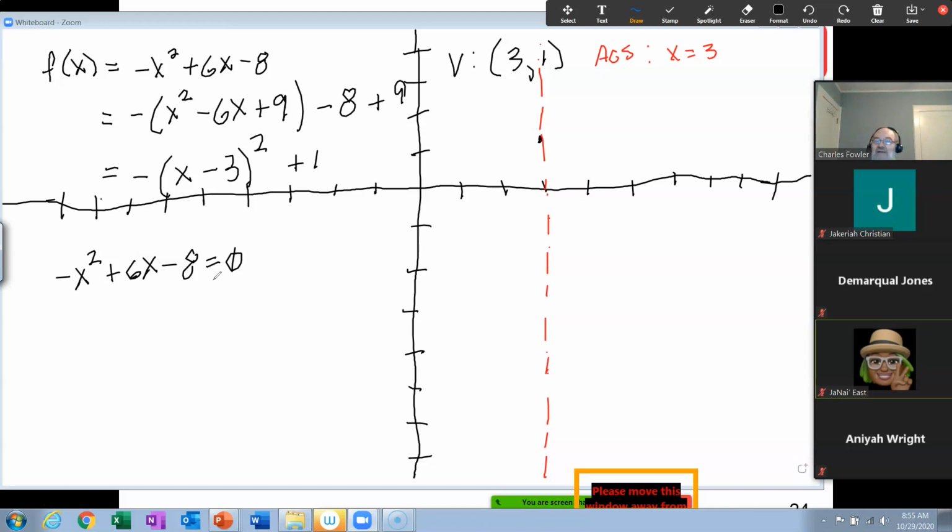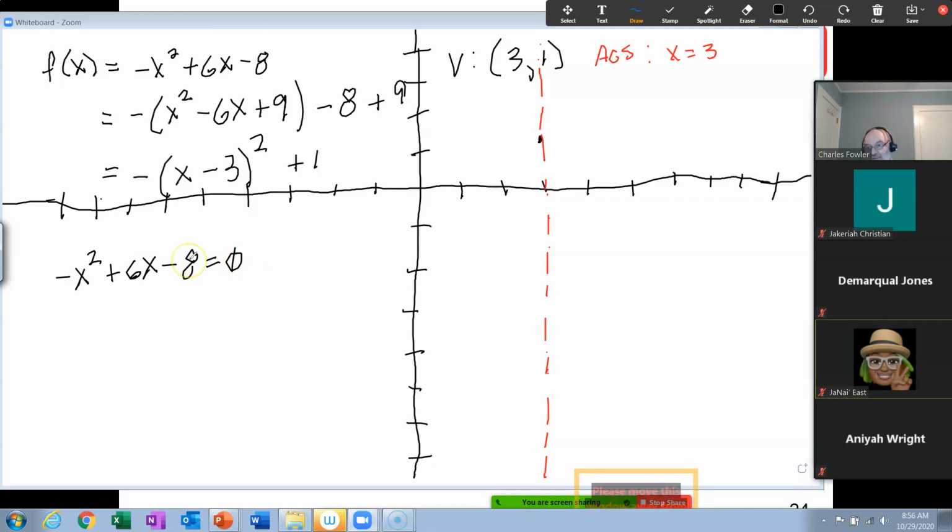Now, here's something I don't like, and I usually try to adjust. Because this is equal to 0, you can do the same thing to both sides of the equation. What I don't like is having a minus sign out front. So I want to change that to a plus, and you do that by either multiplying or dividing by -1.